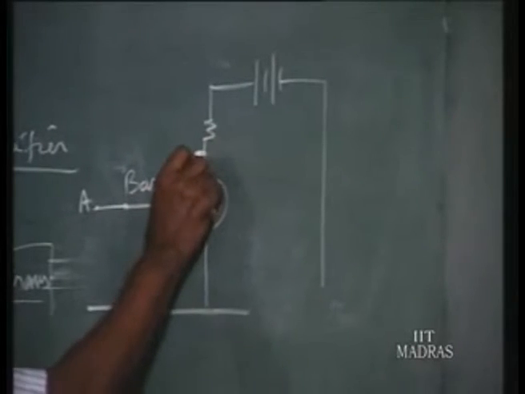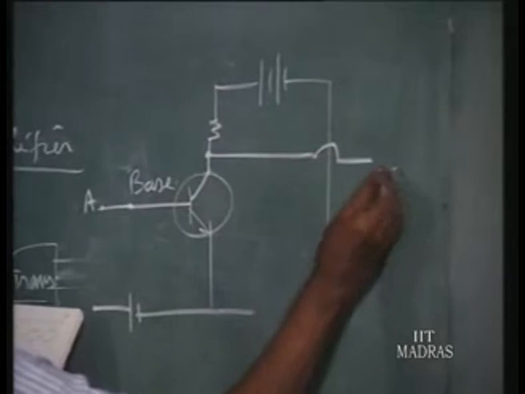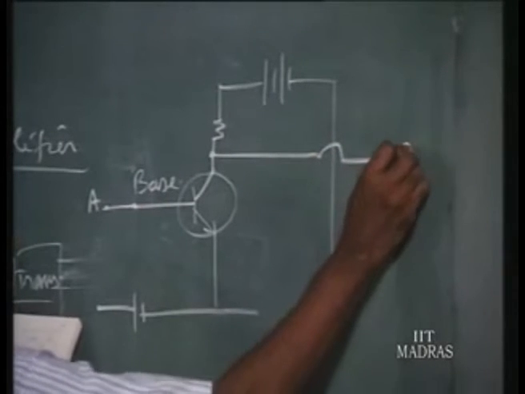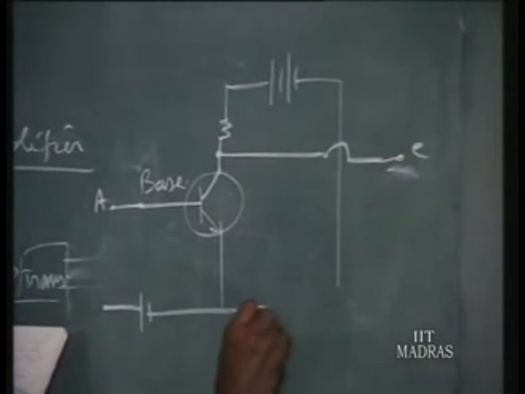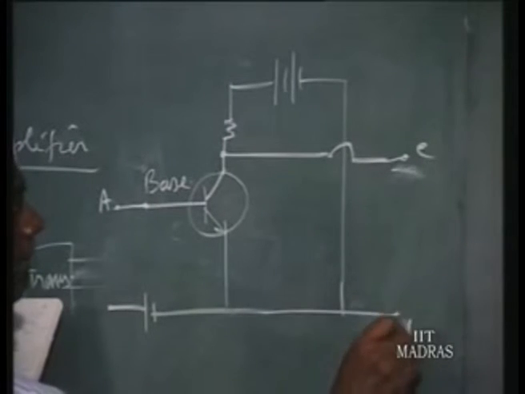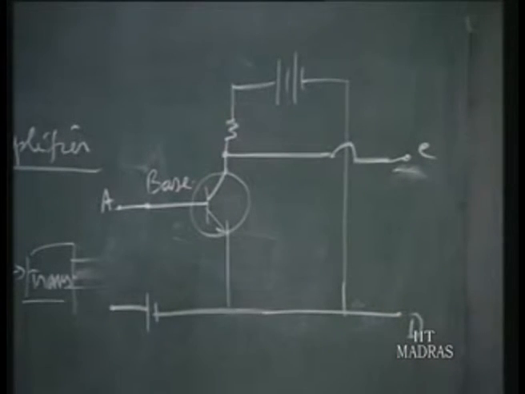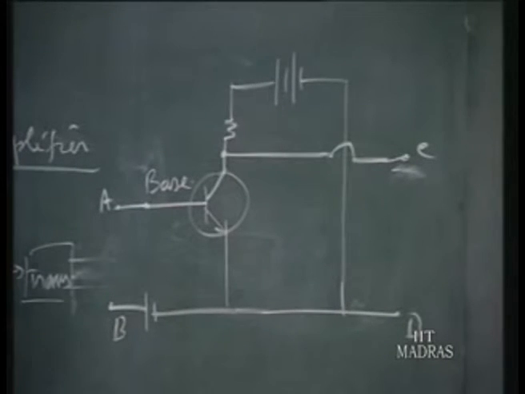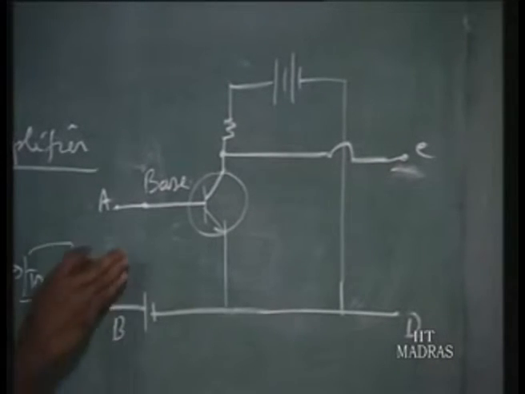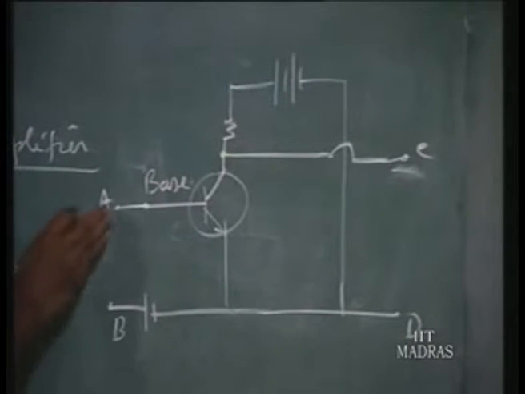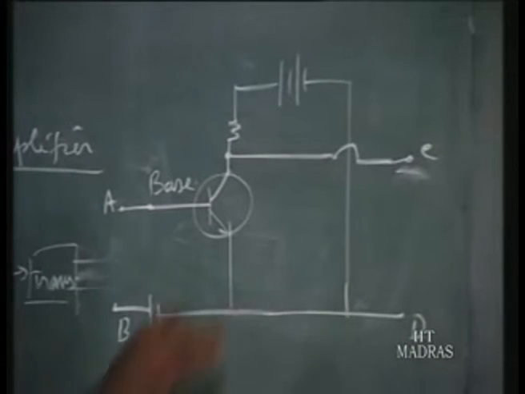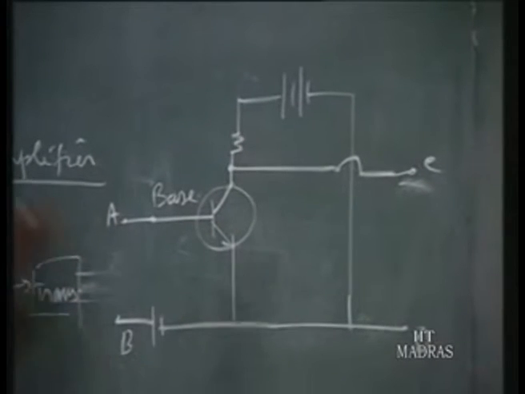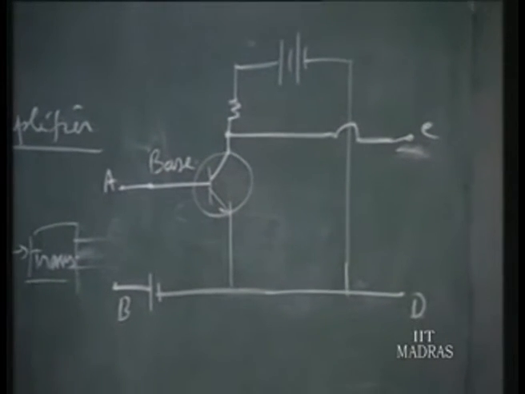So this is your output point. Output points are C and D. And AB are the input terminals for the amplifier. You should remember the earlier diagram. This AB is the input terminal, and CD are the output terminals of the power amplifier, which you earlier interposed in the existing circuit.